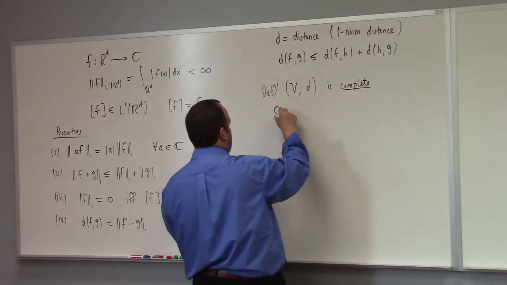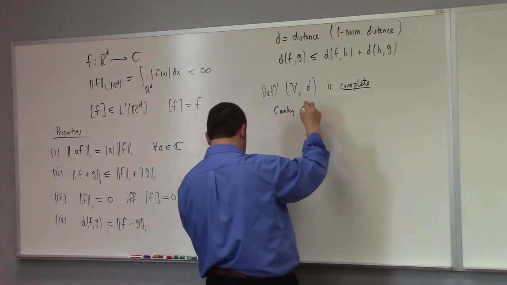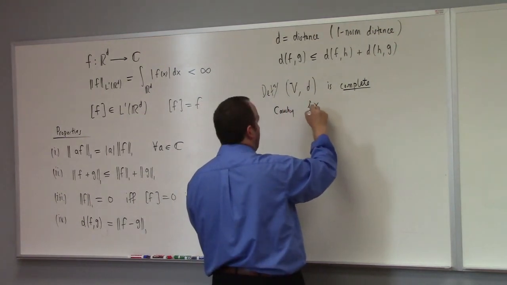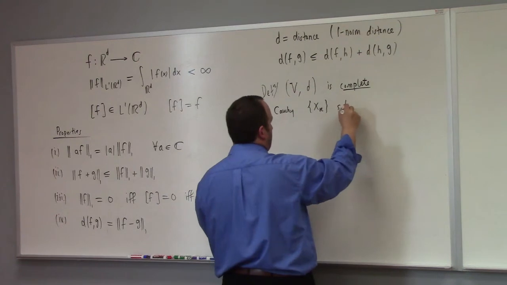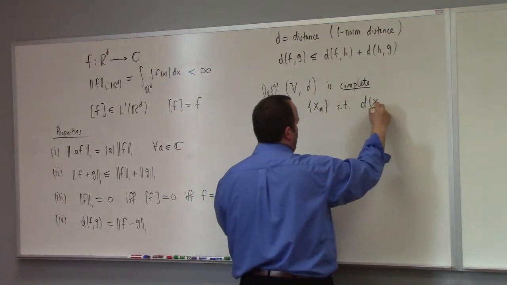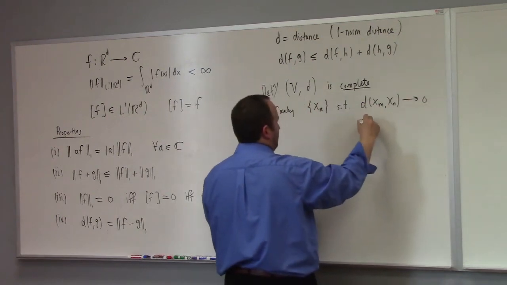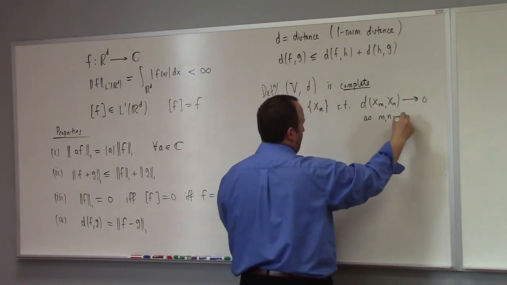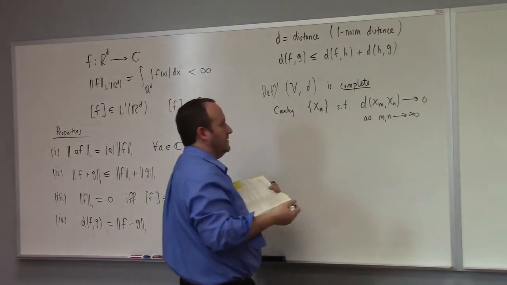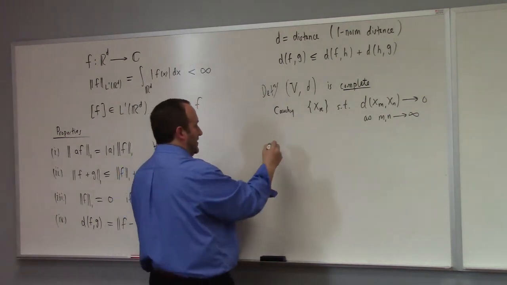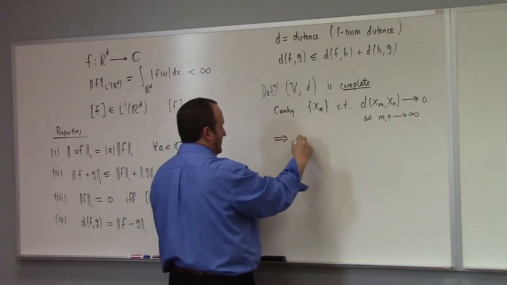Yeah, Cauchy, which would be something like xk such that the distance from xm to xn goes to 0 as m, n go to infinity. That would be Cauchy. So it's complete if Cauchy implies converges.